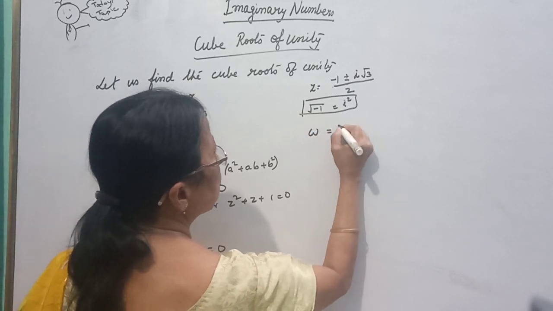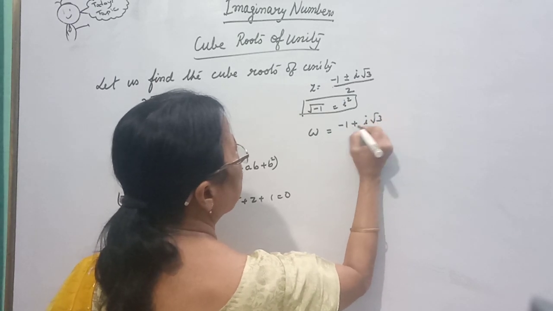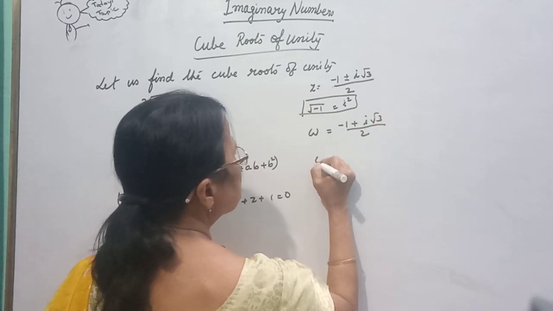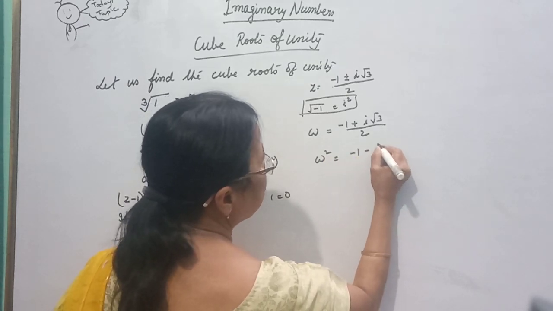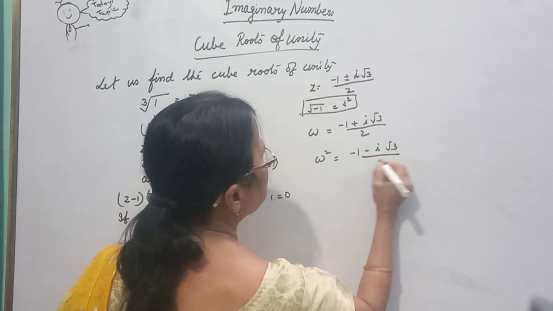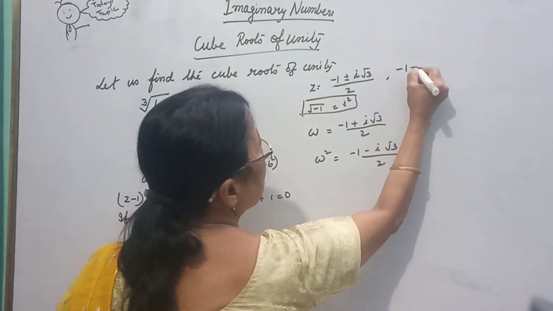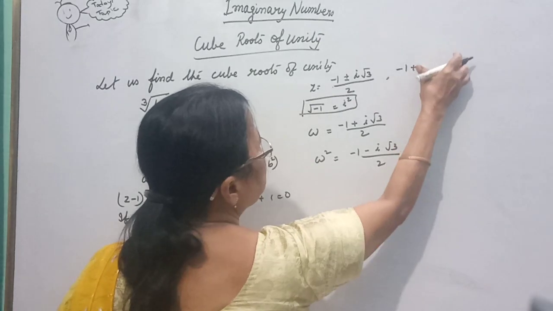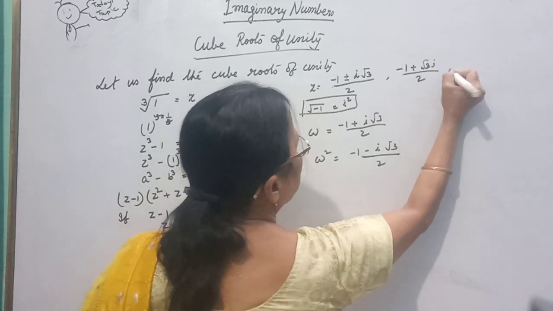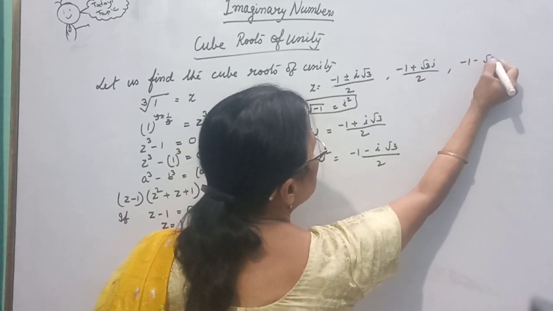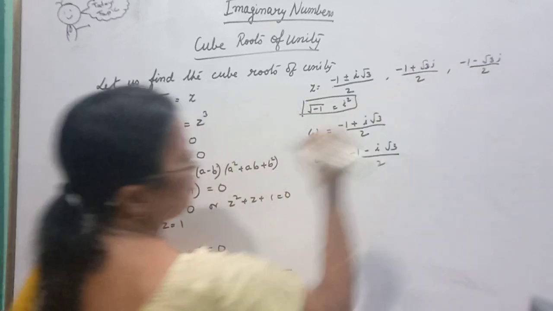Omega is equal to minus 1 plus i root 3 divided by 2, and omega square is equal to minus 1 minus i root 3 divided by 2. We term these omega and omega square.